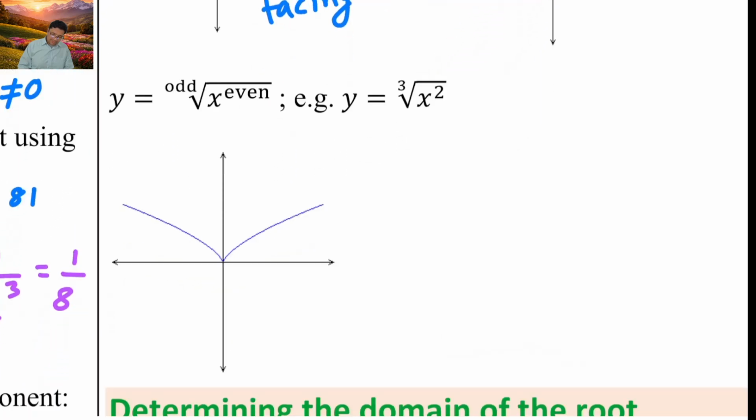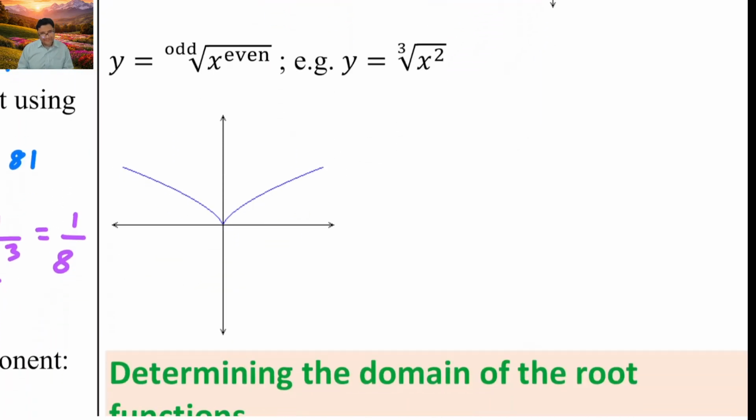And now what if we combine them? So here's an example. You take an odd root after raising x to an even power. Because you have raised x to the even power, whether x is positive or whether x is negative, x square is positive.